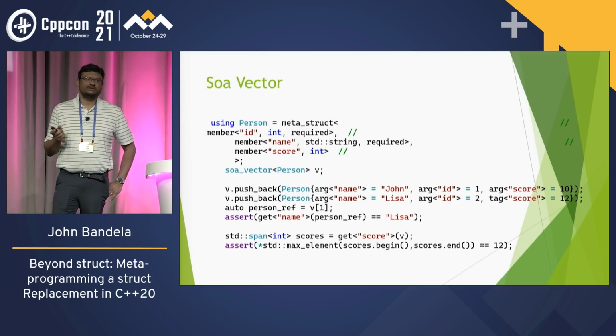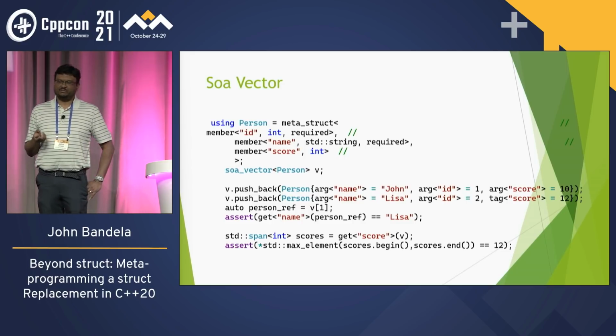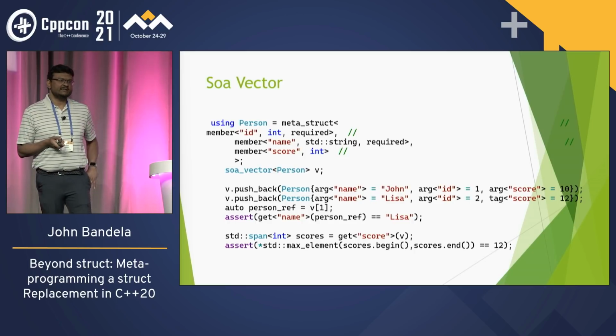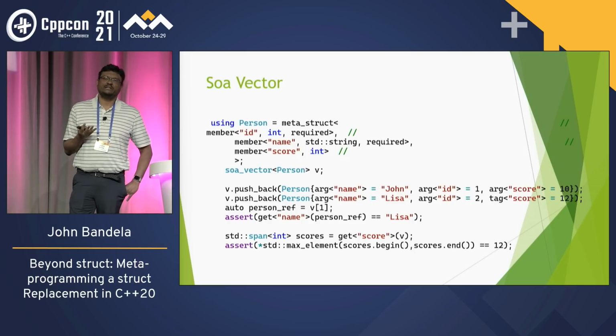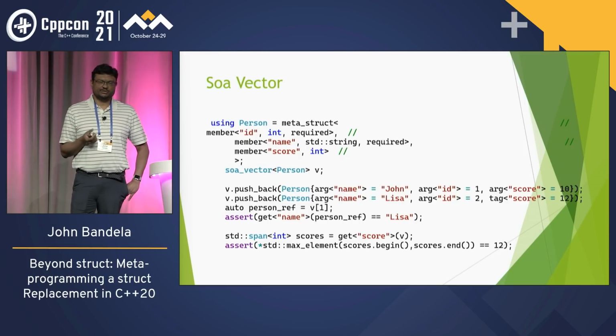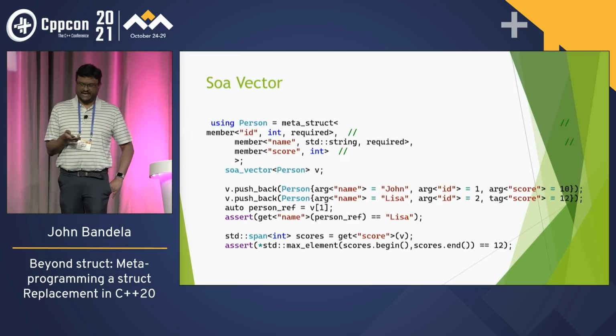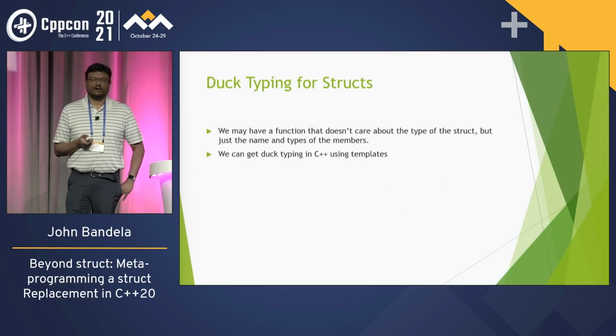We can have access to the contiguous memory where all the scores are stored. So we can get a std span of int scores, get the score, and then we can process them. So by having the ability to introspect and reflect, and to also generate the names on the vector side, we can basically write an automatic implementation of SOA vector that preserves names, right?